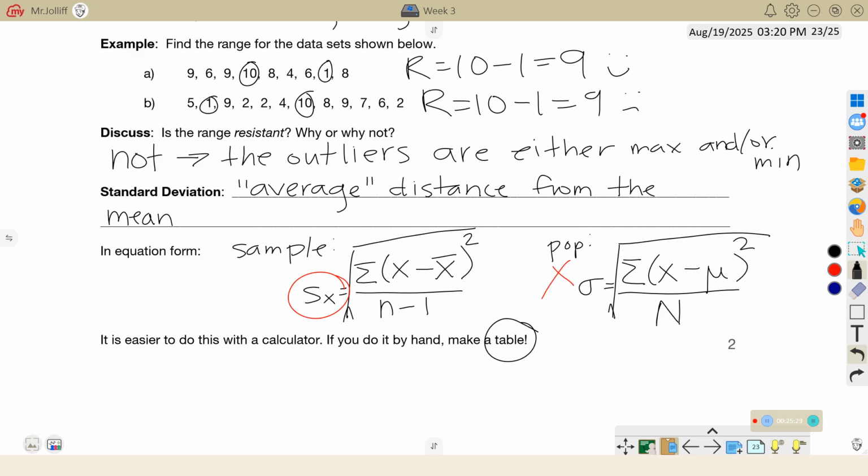You would make 3 columns, one for your data values, one for the difference between your data values and the mean, and then one for that difference squared.